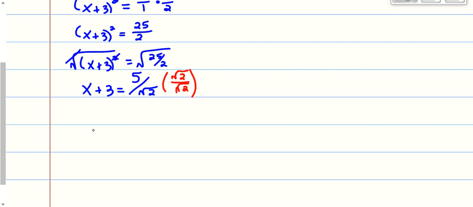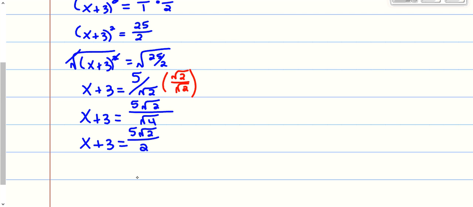So we're going to rewrite the left side, x plus 3 equals, on the right side now, I have 5 times the square root of 2. And on the bottom, the square root of 2 times the square root of 2 is the square root of 4. Well, 4 is a perfect square. So now I have x plus 3 equals 5 square root of 2 over 2.